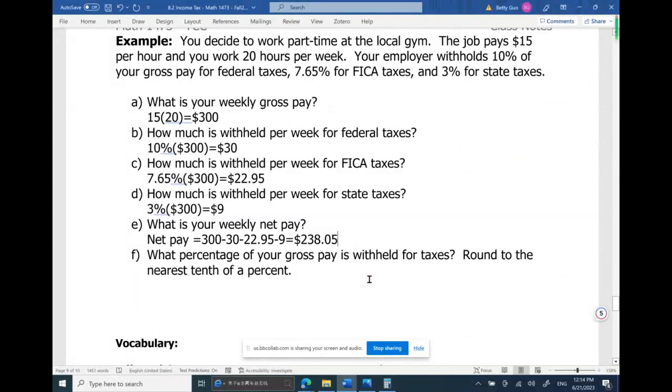What percentage of your gross pay is withheld for taxes, rounded to the nearest tenth of a percent?